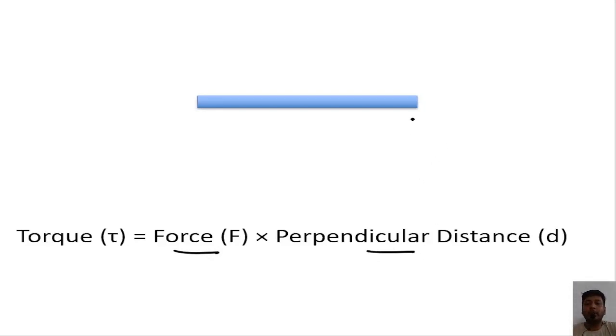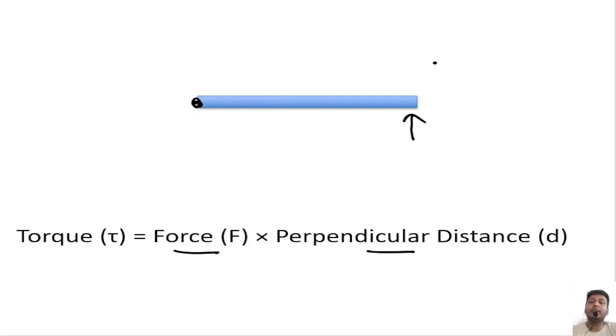This means whatever your magnitude of force is, it can be anything, it depends upon your capability. It can be 2 newtons. If you are very muscular, it can also be 10 to 15 newtons. So the magnitude of force is multiplied by the perpendicular distance from your pivot point.